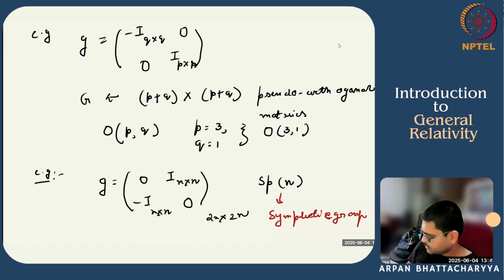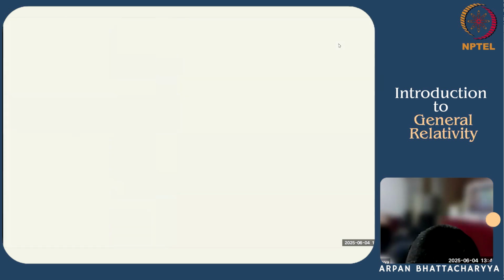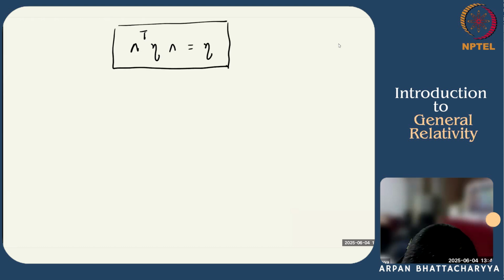Okay. So now, given this, let's write down again the defining relation of the Lorentz group given here. From now on, we will keep using this particular definition to do many computations.